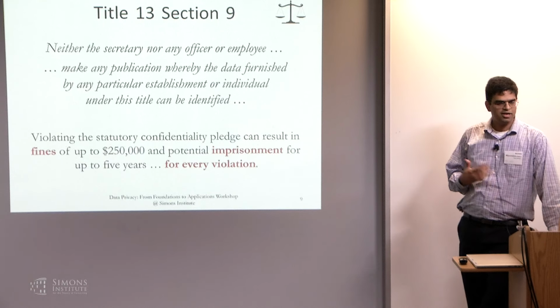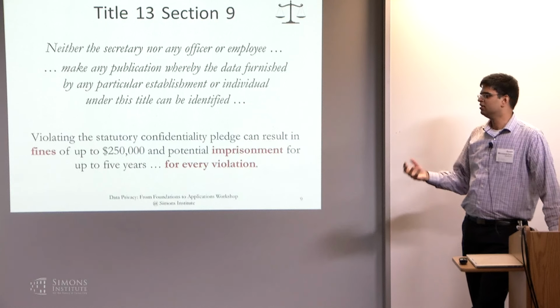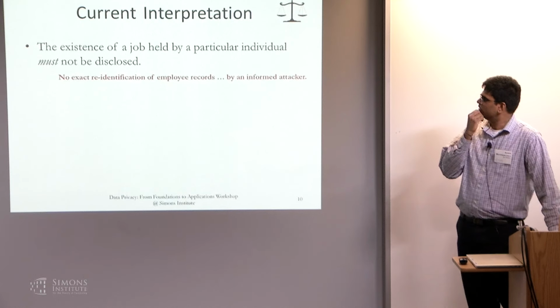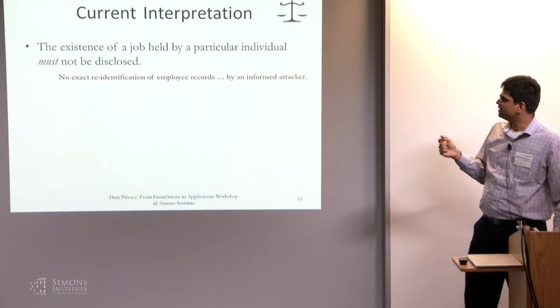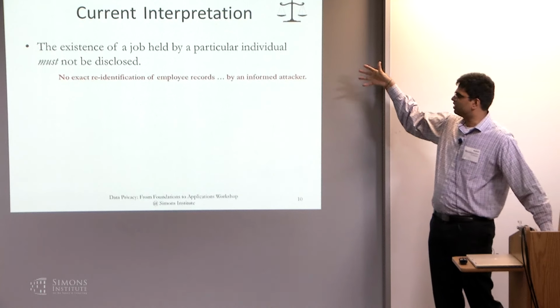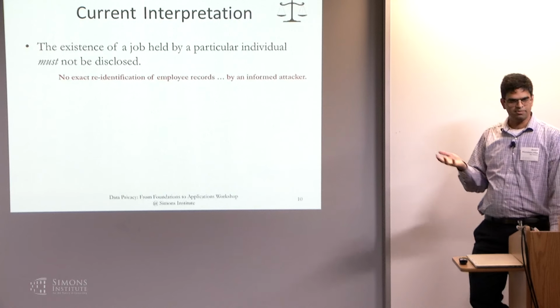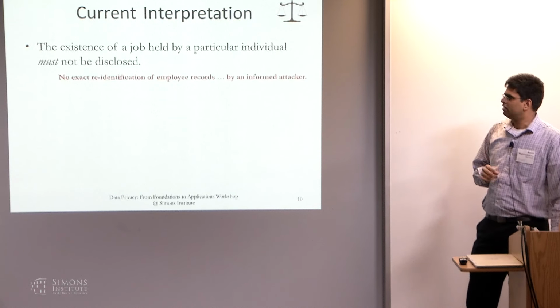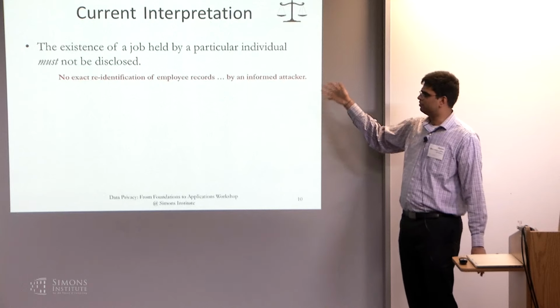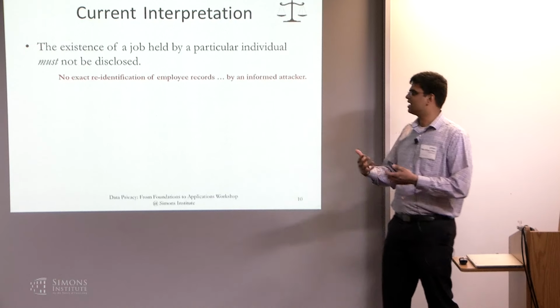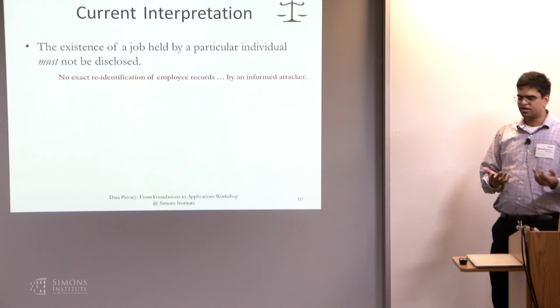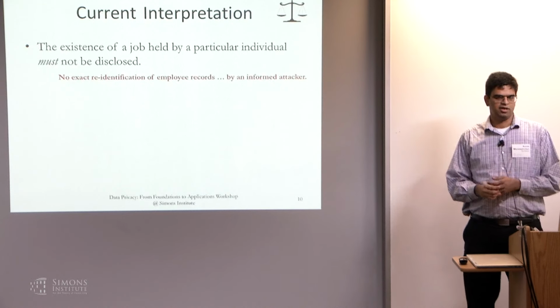Based on that interpretation, we were able to glean three privacy requirements. One is that the existence of a job held by a particular individual must not be disclosed, right? In words that make more sense to us, you don't want any exact re-identification of employee records by some sort of informed attacker.